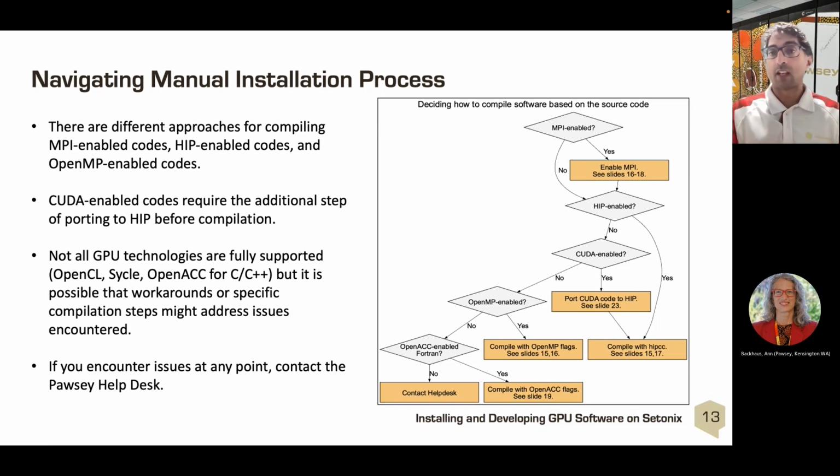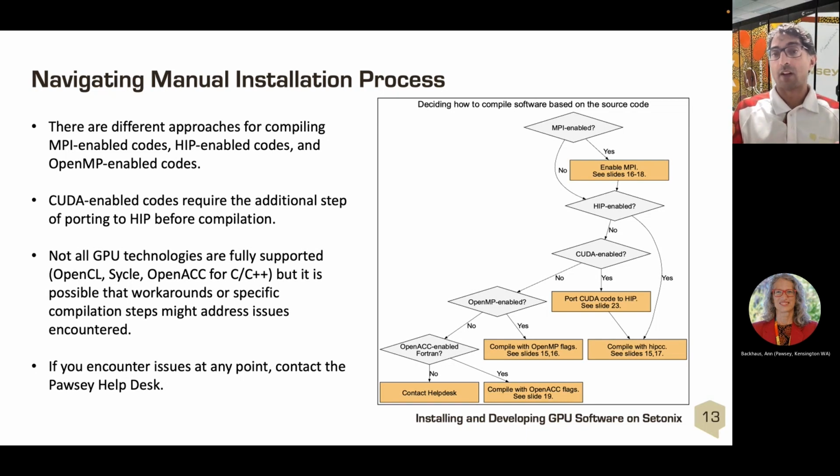If that's not the case, then you can ask yourself, is it HIP-enabled? Is it CUDA-enabled? Because if it's CUDA-enabled, you can port CUDA code to HIP. That may itself be a bit of a complex process, but it is definitely a process which we're very willing to help with, and there is documentation out there as well, and tools as well.